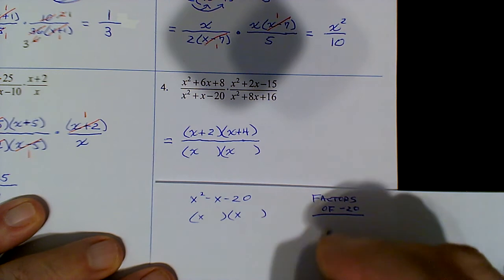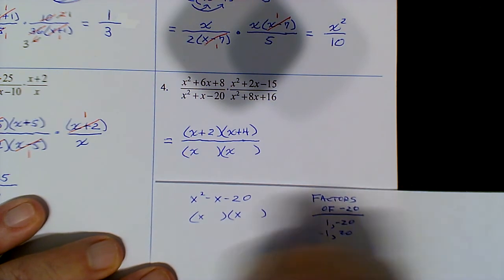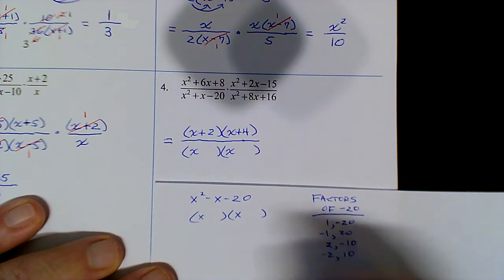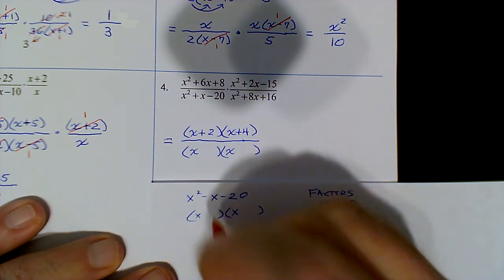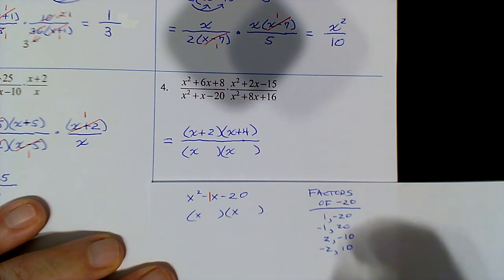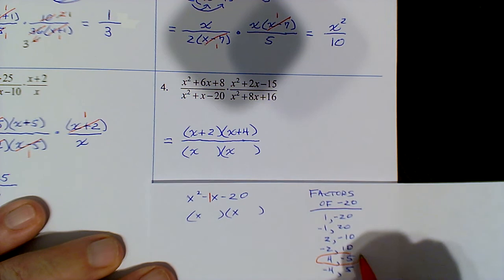And so that would be 1, negative 20, negative 1, 20, no way, 2 and negative 10, negative 2 and 10, those don't work either because we're looking for the negative 1x. So let's see, 3 doesn't divide evenly, 4 does, so 4 and negative 5, negative 4 and 5. And now that's it, and the pair that adds to negative 1 is the 4 and the negative 5.